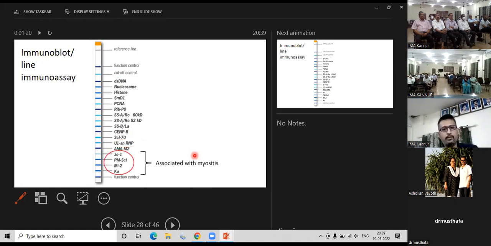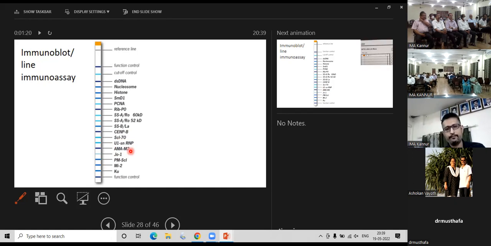The last ones are those associated with myositis, these four antibodies. If you can see here, AMA is a common antibody that is seen positive. It is associated with primary biliary cirrhosis, but we tend to see its positivity in a lot of connective tissue diseases. The only thing I could suggest is when it is positive, always look at the liver function a little bit more closely.